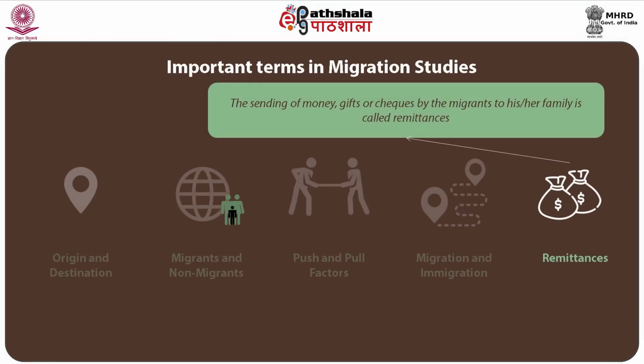Migration is also associated with a large amount of remittances. The sending of money, gifts and other goods and services is part of any migrant history. So, migrant families are endowed with remittances in terms of money, gifts and other goods and articles.